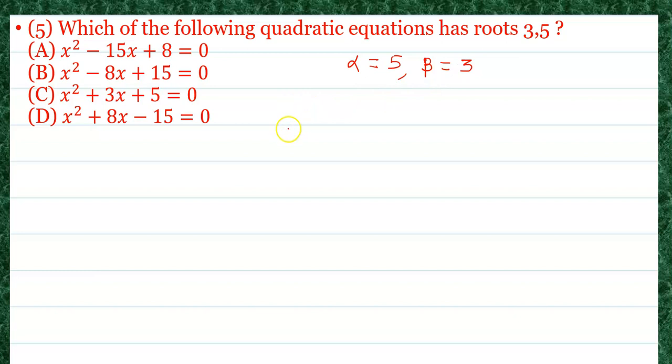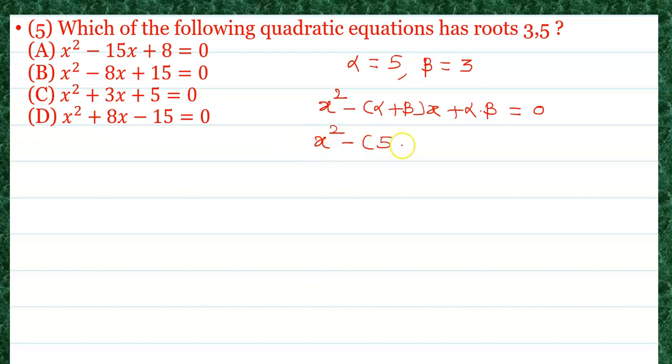म्हणजे आपण इंटरचेंज जरी केलं तरी चालू शकते. And what is the quadratic equation in terms of the roots? That is x square minus (alpha plus beta) into x plus alpha into beta, equals 0. Here x square minus, what is alpha plus beta?